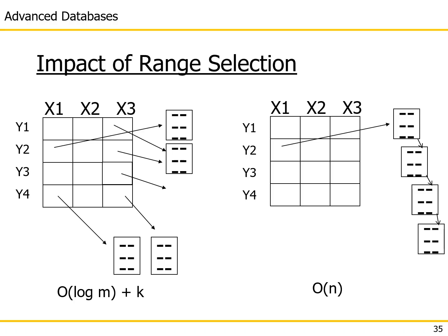Okay? You'll always go to the same cell, and you will always go and search linearly in the bucket and its linked overflow buckets, which is O of n performance. It's not even O of m, it's O of n performance. Okay? So there's a big difference in terms of performance based on the ranges that you select and use in each one of the dimensions.